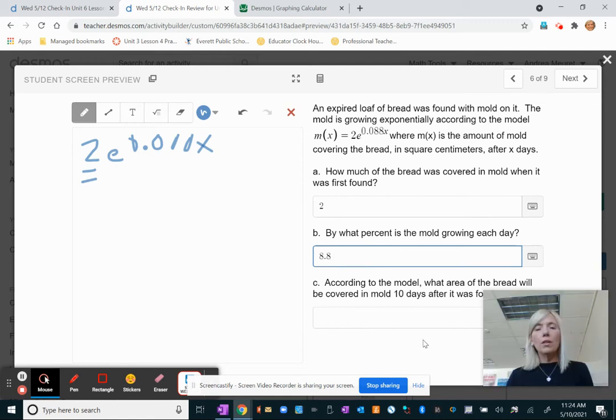And then according to the model, what area of the bread will be covered in mold 10 days after it was found? And so I'm just going to put a 10 in for x. And so I have 2, and I'm going to use the calculator here.